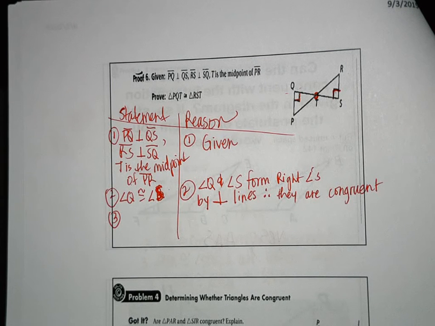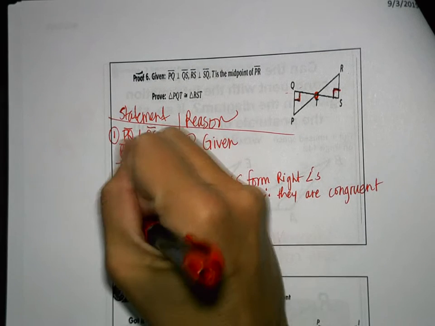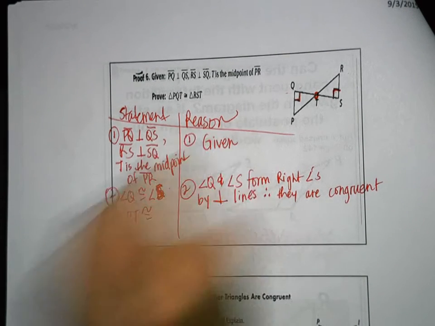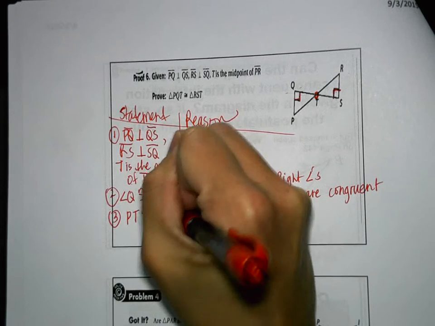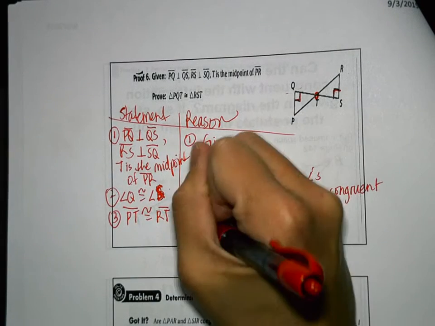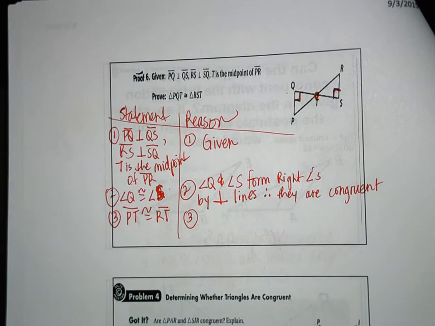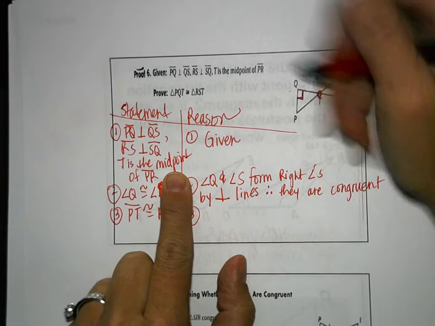Okay, Madison. Very good. PT is congruent to RT. How do I know that? T is the midpoint.